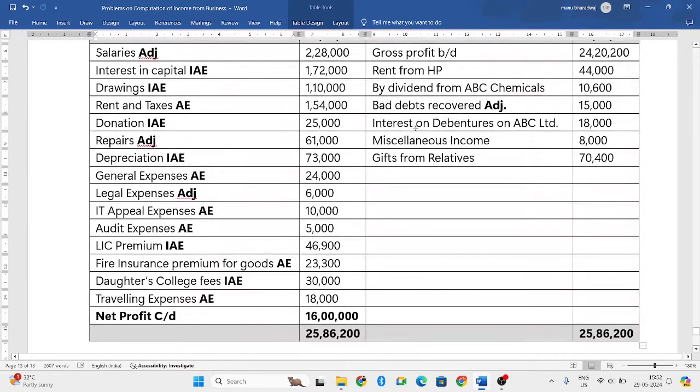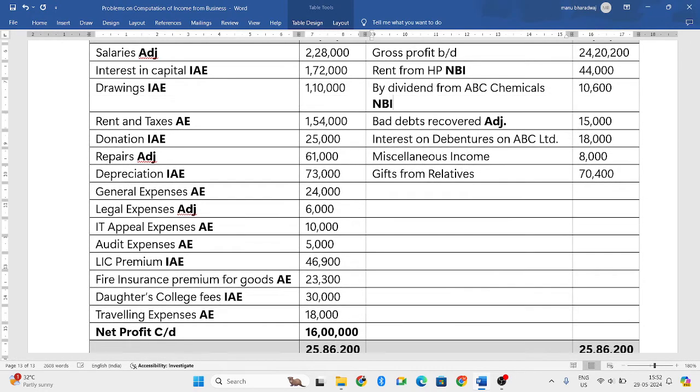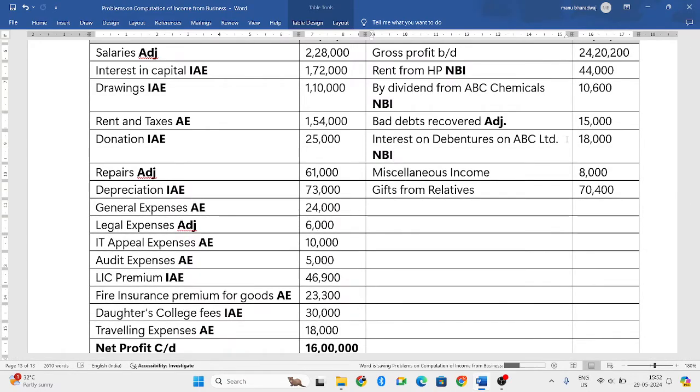Now let us come to the credit side. Let us classify the credit side of the P&L account into business income as well as non-business income. First one is rent from house property, which is a non-business income. Dividend from ABC Chemicals is a non-business income. Interest on debentures, this is an investment which you have done in another company, which is non-business income.